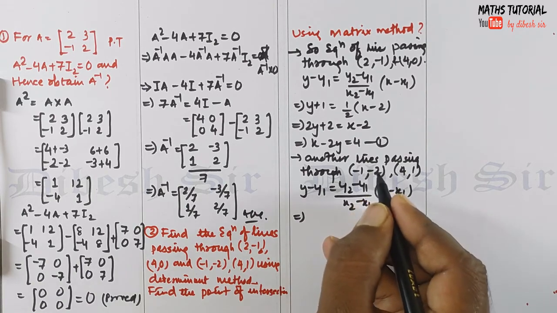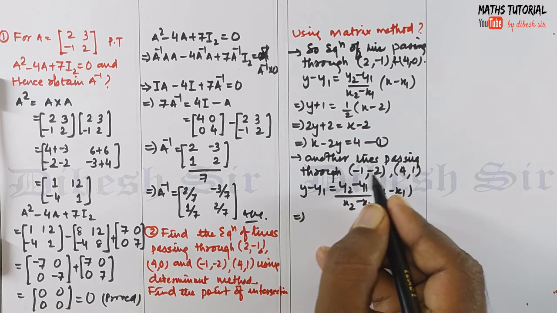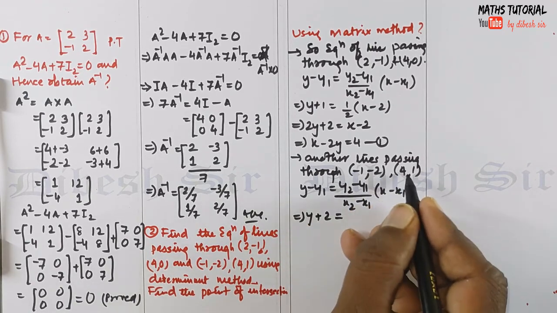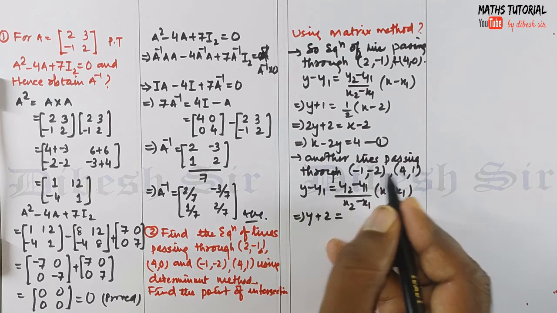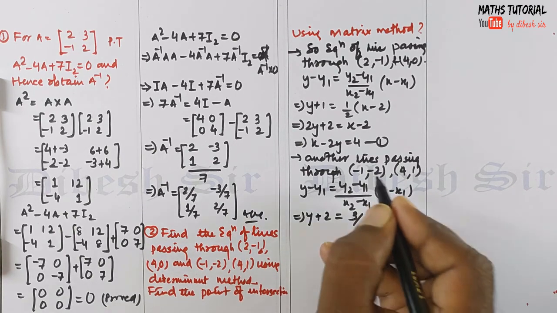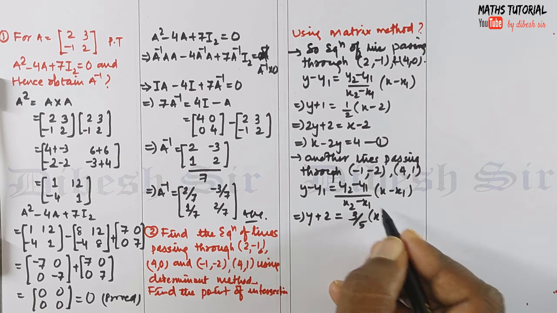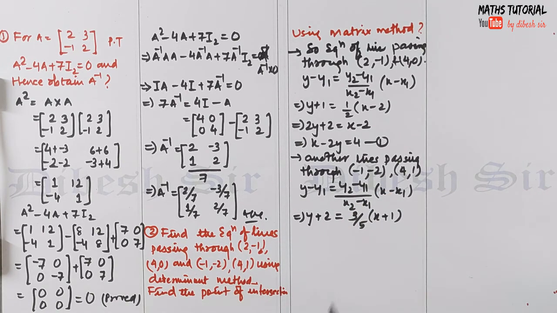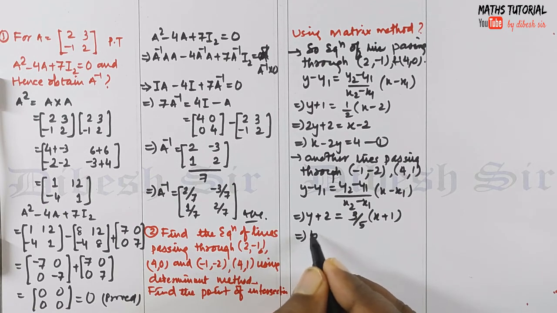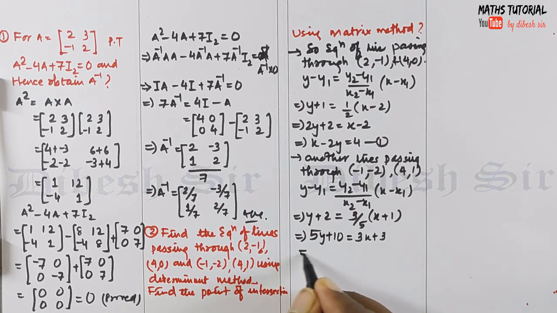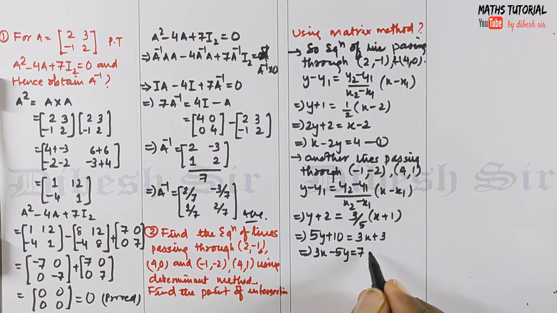So y minus y1, minus minus plus 2, y2 minus y1, 1 minus minus 2, that is 3, upon 4 minus minus 1, that is 5, into x minus x1. Minus 1 means plus 1. So multiply 5 with this, that is 5y plus 10 is equal to 3x plus 3. So 3x minus 5y is equal to 7. This is equation number 2.